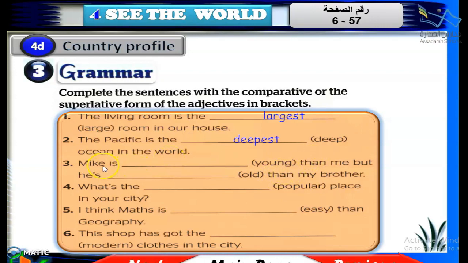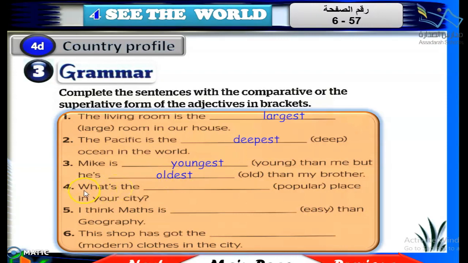So your answer is Mike is, that's it, younger than me, but he is, excellent, older. Correct it here, please. Not the oldest, it is older. Older, ER. Not the oldest as it is in my PowerPoint. So it is older, ER, not EST.